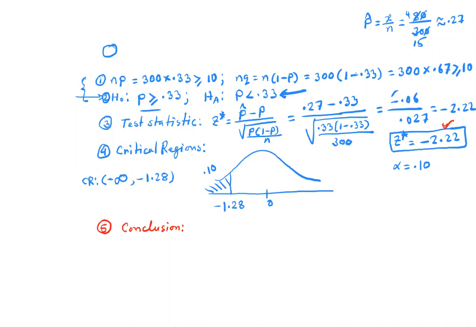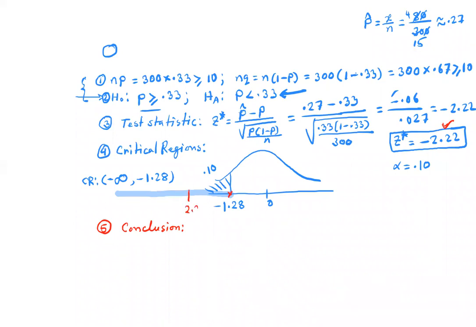Yes, it does fall in the critical region, right? So your critical region is going to be from here all the way to negative infinity, right? So your test statistic is right here. Negative 1.28 is here. Negative 2.22 is somewhere here.